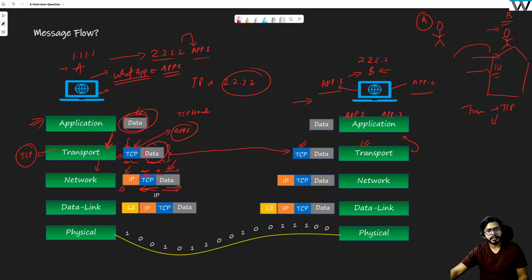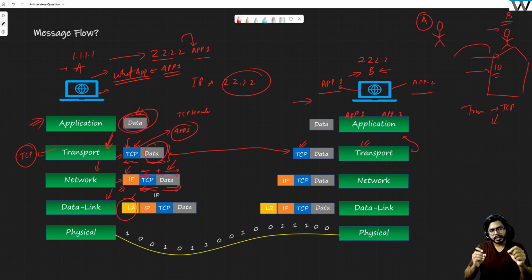This complete thing is the data for the network layer. It says, okay, I am good, give me the data. I'll put another header on top of it, and then I will send it to my data link layer. And you understand why we are putting this layer-two header, because the network layer does not care whether this data is going out over Ethernet, frame relay, or point to point. It just doesn't care.